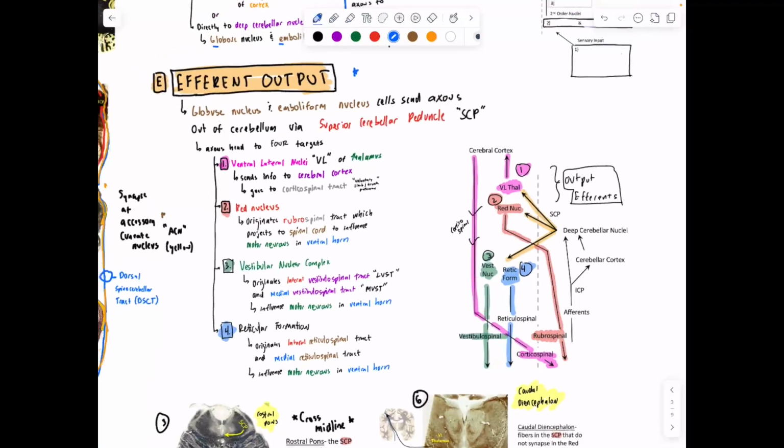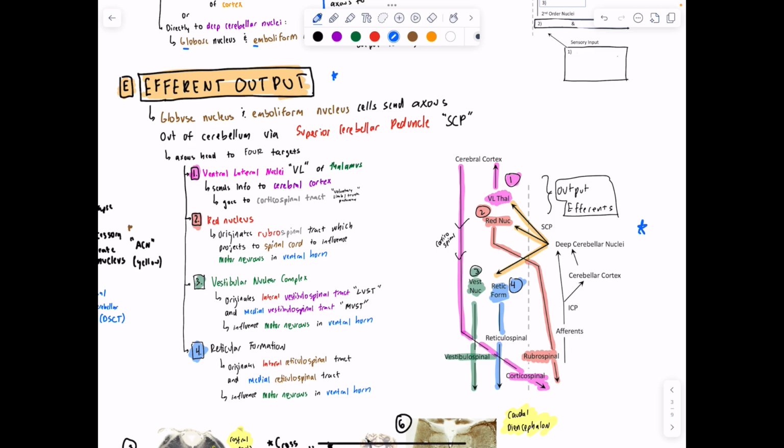And so here's like the same diagram we had before, but just a little bit more detailed on the output side. Okay, so our output nuclei, or our targets, are the ventral lateral nuclei of the thalamus. And so this pathway right here, I'm going to use a nice purple.